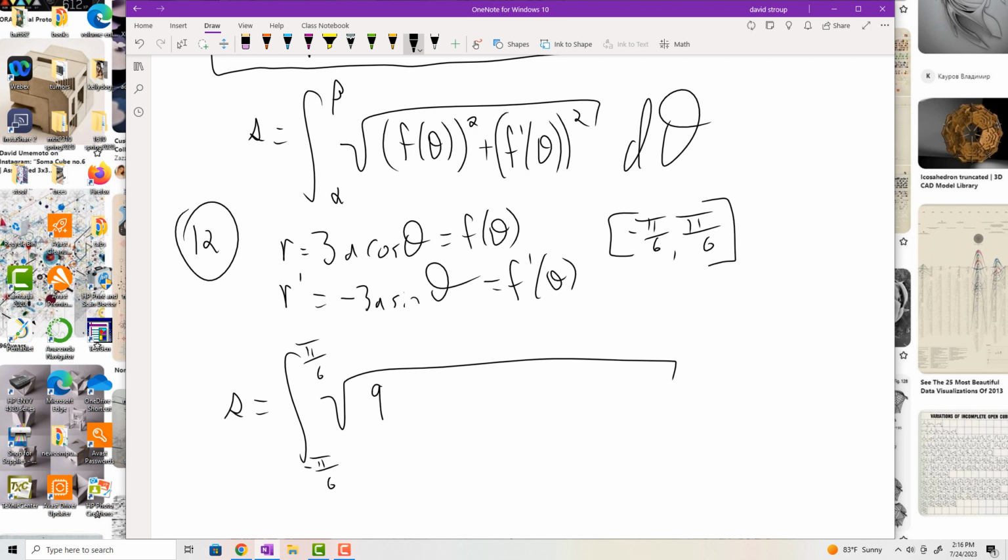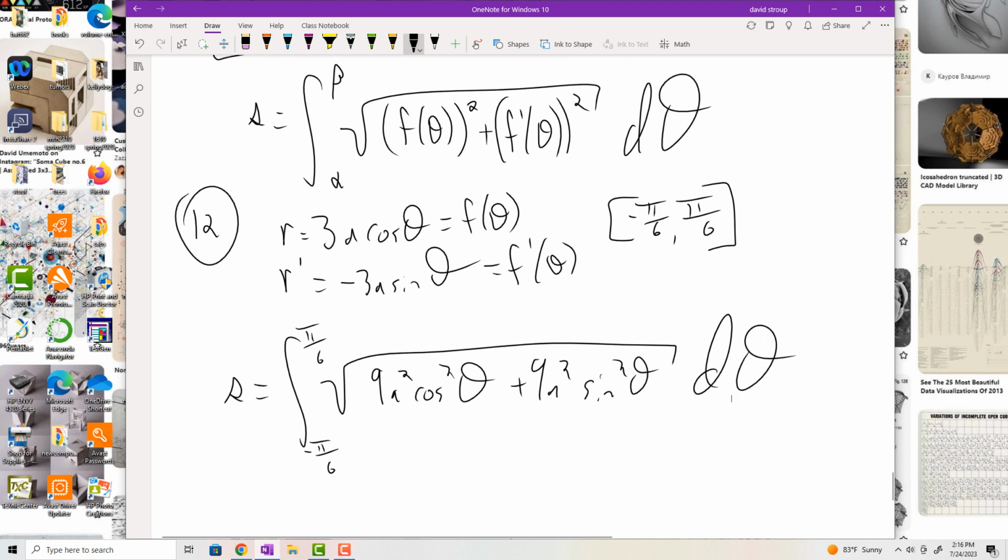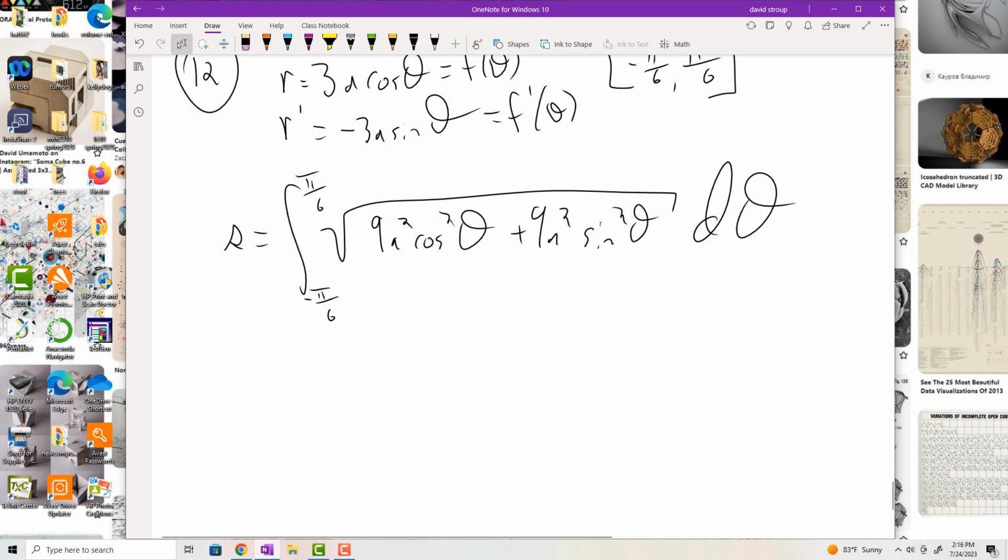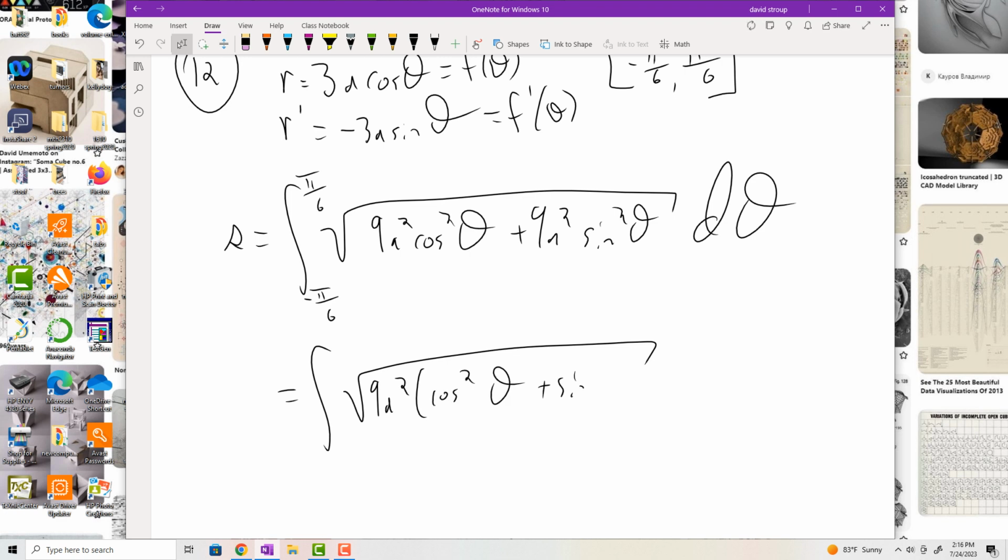So it's going to be 9a squared cosine squared theta plus 9a squared sine squared theta d theta. And then you could simplify that, factor out the 9a squared. And of course, cosine squared plus sine squared is going to be equal to 1. So that'll just be the integral of the square root of 9a squared.